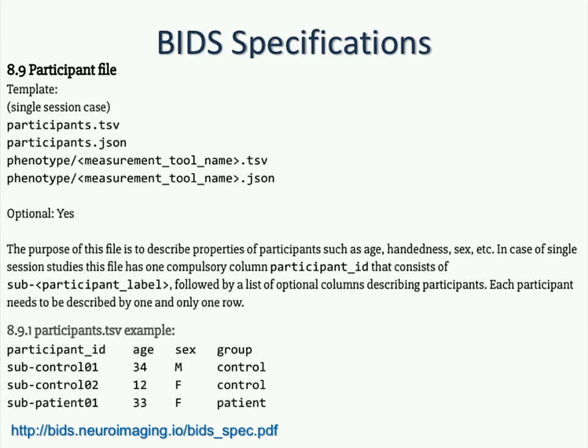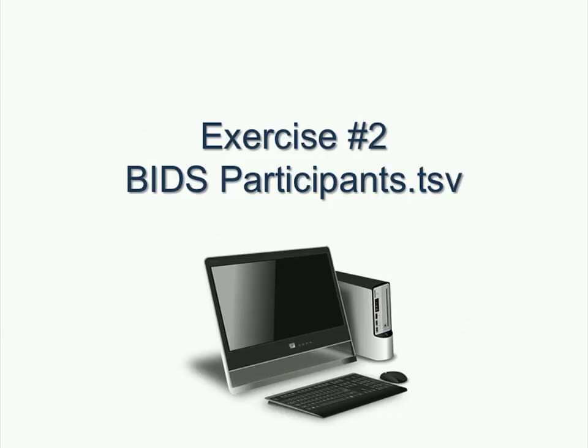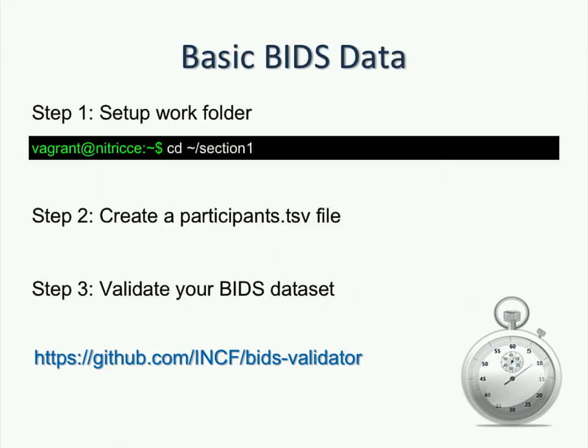Once we create those, you will have a very minimal valid bids data set in the repro_bids folder. So again, we're going into the repro bids folder and creating this participants.tsv file and also the dataset_description.json file.